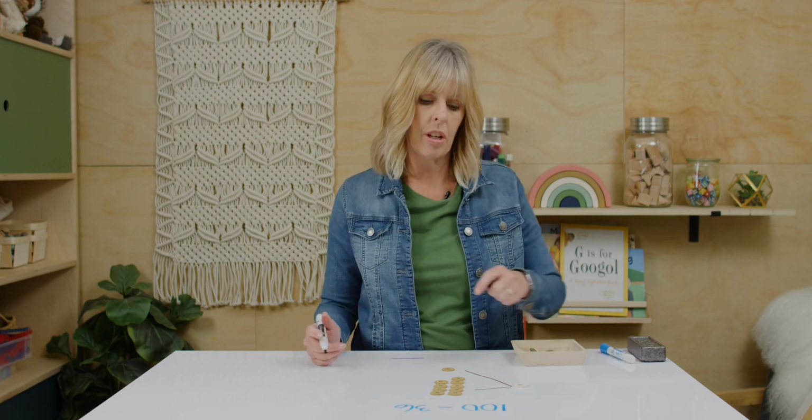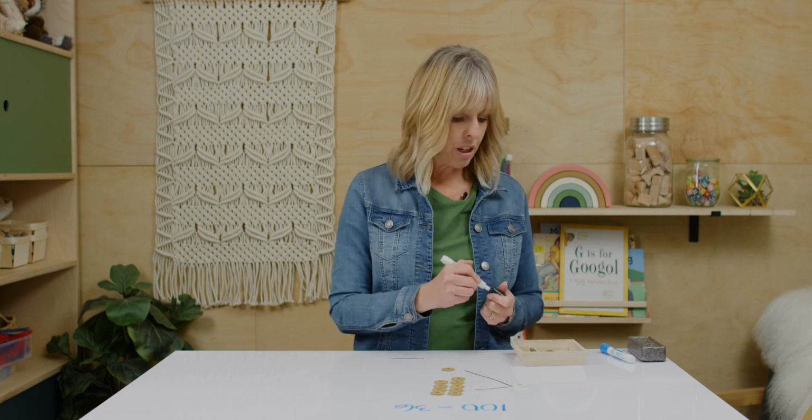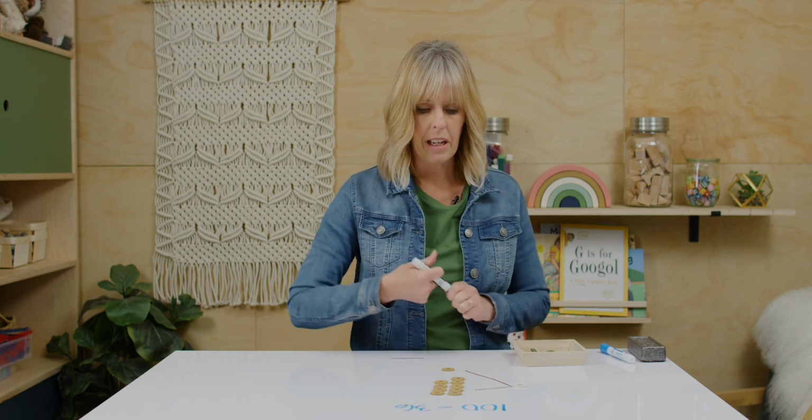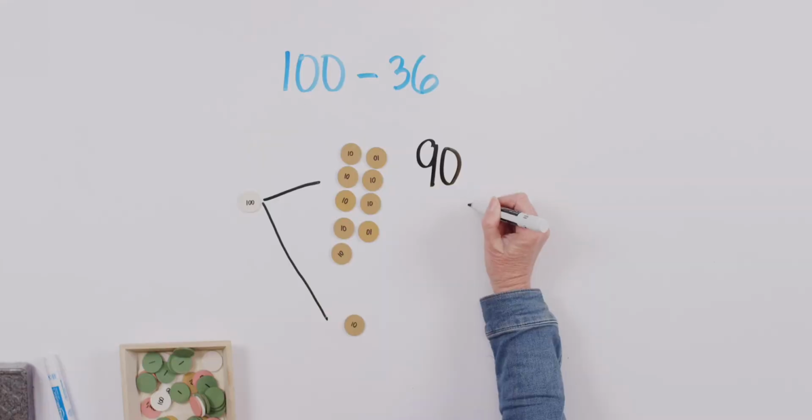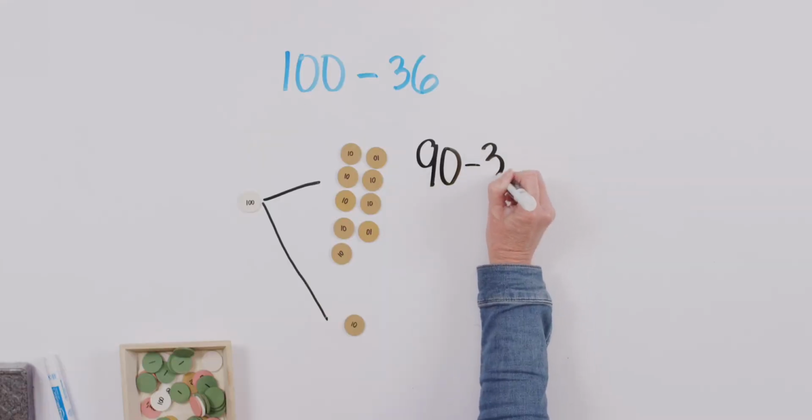So what I can do is take my 90 and 10 and subtract. How many are in my tens place here? 30. So I could subtract 30 from here, so that would be 90 minus 30.